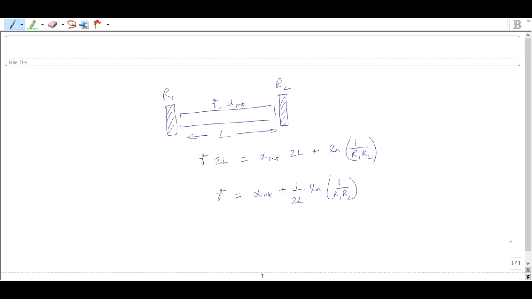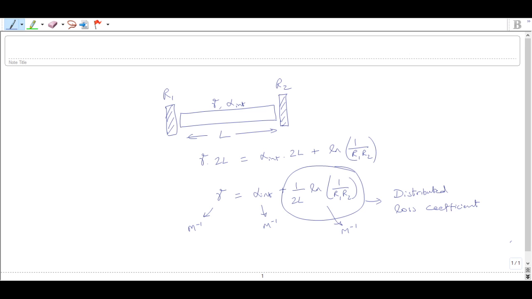Now this part here is what we call the distributed loss coefficient. Why are we saying it's a distributed loss coefficient? Well, the gain coefficient is in terms of per meter. Alpha int is also per meter, so this will also have to be per meter. But what are we representing here? This is actually representing R1 and R2, the mirror losses, which is a lumped element.